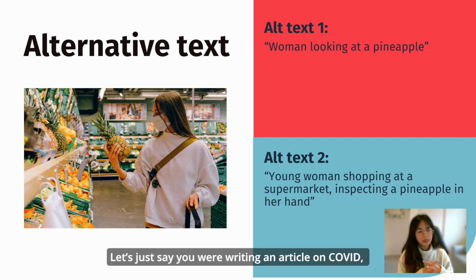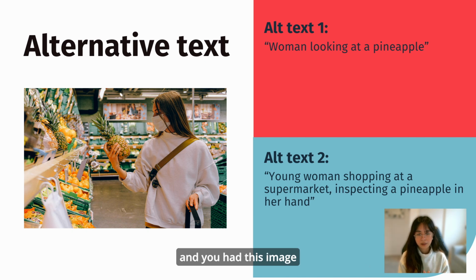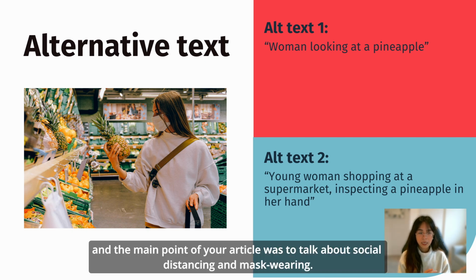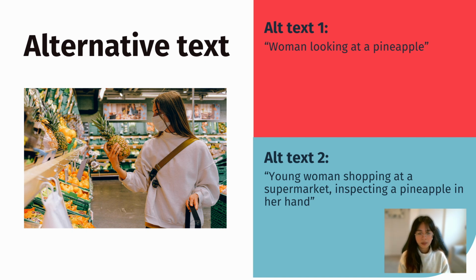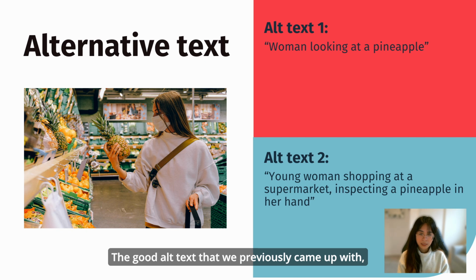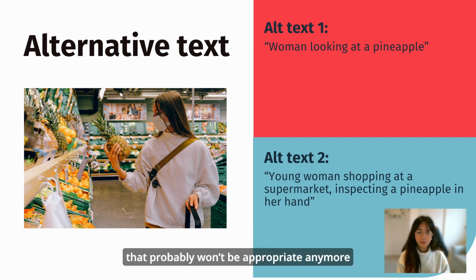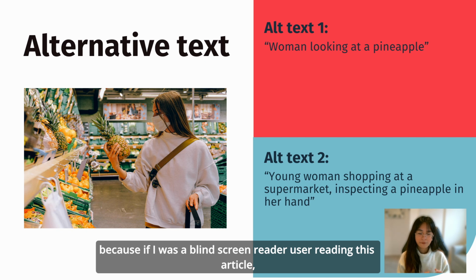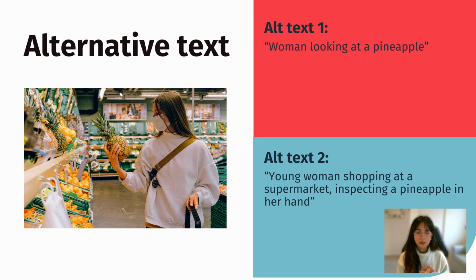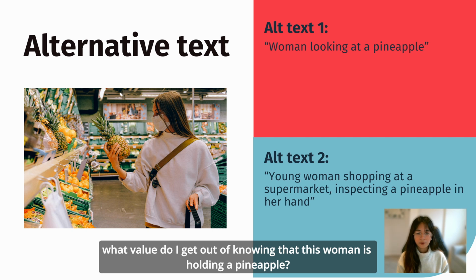So let's just say you are writing an article on COVID and you had this image, and the main point of your article was to talk about social distancing and mask wearing. So the good alt text that we previously came up with, that probably won't be appropriate anymore, because if I was a blind screen reader user reading this article, what value do I get out of knowing that this woman is holding a pineapple?